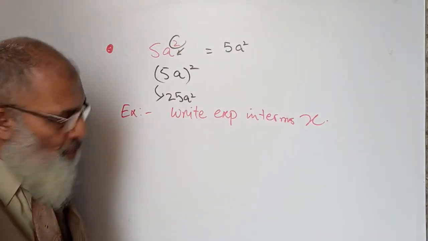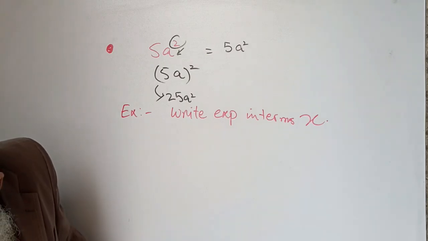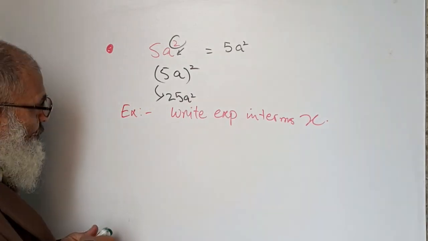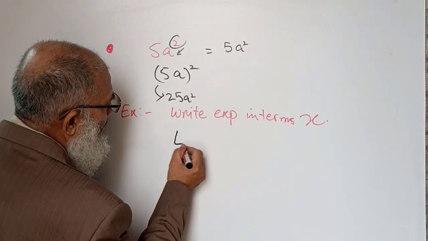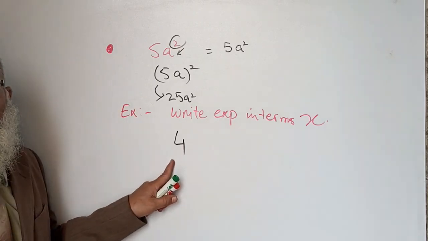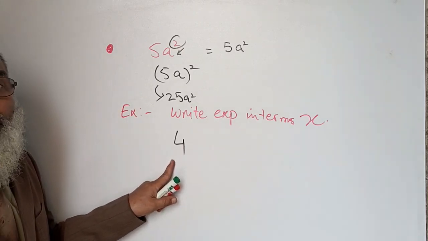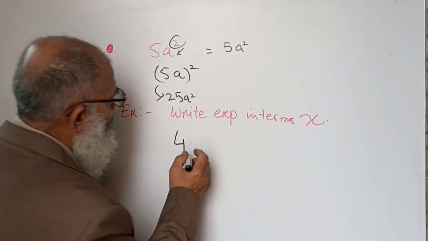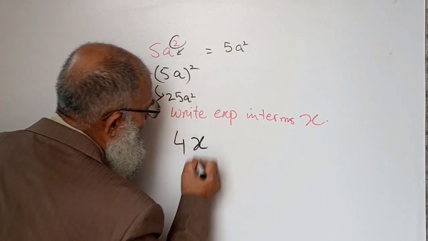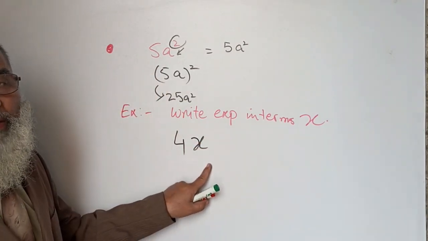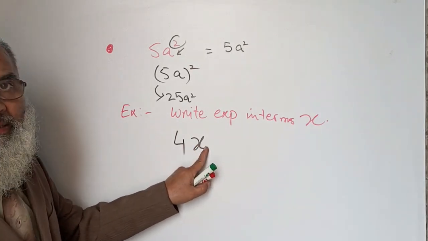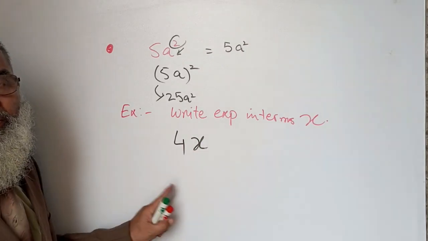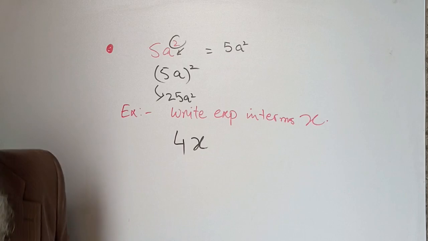So what we have to write is: a number 4 times. You see, 4 times means 4 multiplied by x. And in the first rule, I told you that we have to omit the multiplication sign. So we just write an x beside 4. It means 4 multiplied by x, or 4 times x. This is very simple, isn't it?